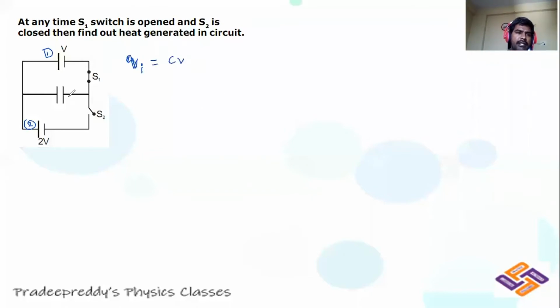Now you are taking this capacitor and connecting it to the second battery, because S1 is open and S2 is closed. In the question itself it is given that at any time S1 is opened and S2 is closed. Now you are closing this and opening this. Initially the capacitor is already charged because its potential has been raised to V. So V initial is equal to V, Q initial is equal to CV.